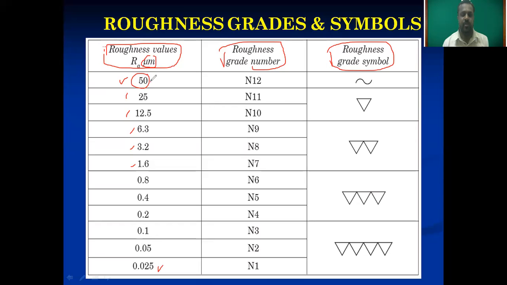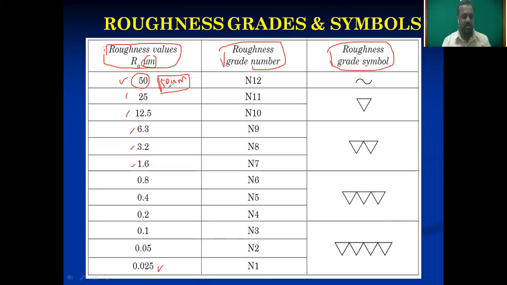If 50 is there and if more than 50 is there, suppose more than 50 micron surface roughness is there, we can easily understand that for this component the roughness of that surface is not important.